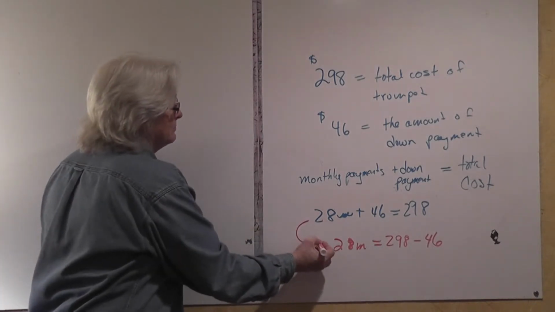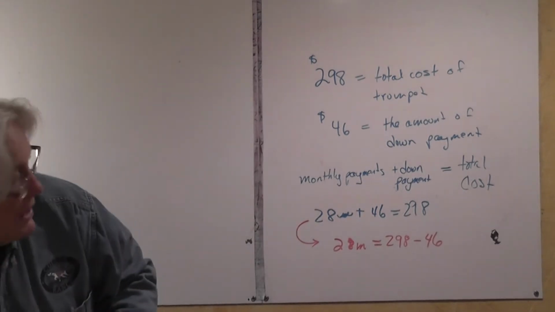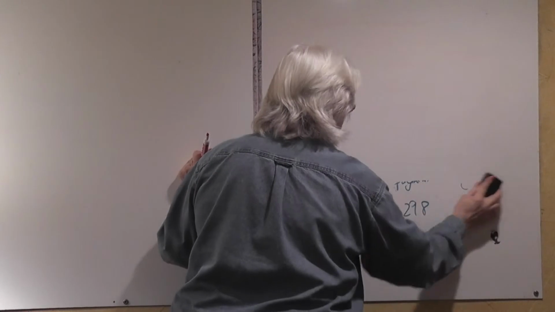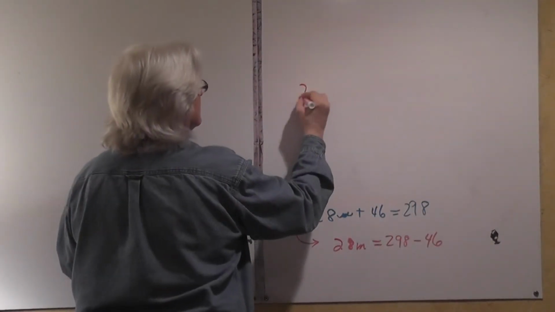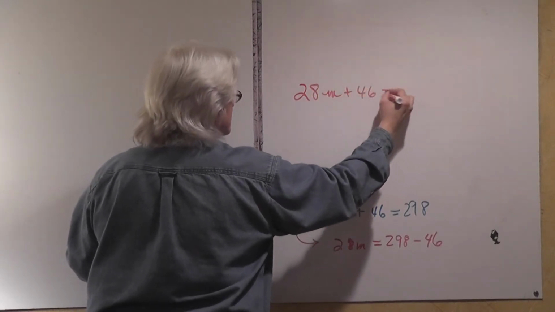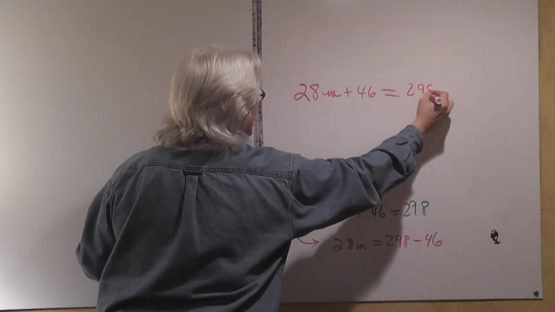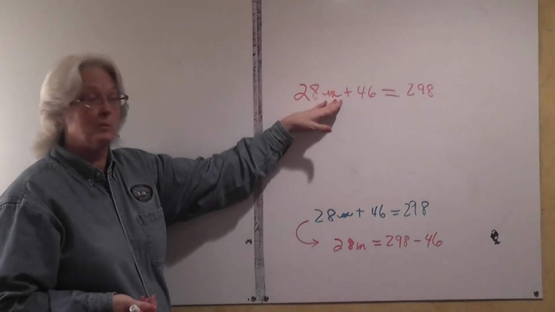You can already see that when we solve this equation, the first step is going to immediately bring us down here. Let me erase this and show you what I'm talking about. If I have 28m plus 46 is equal to 298, what am I going to do here? We want to isolate that variable.